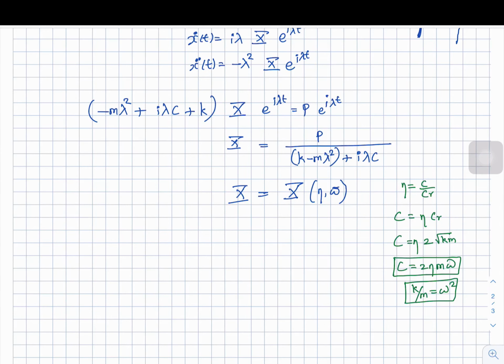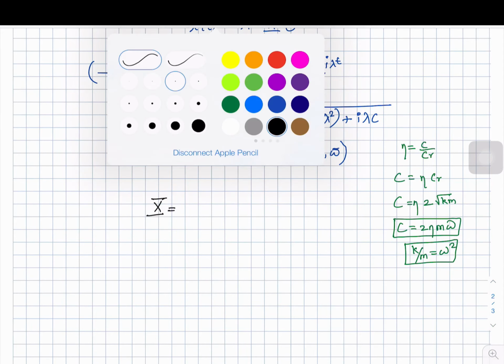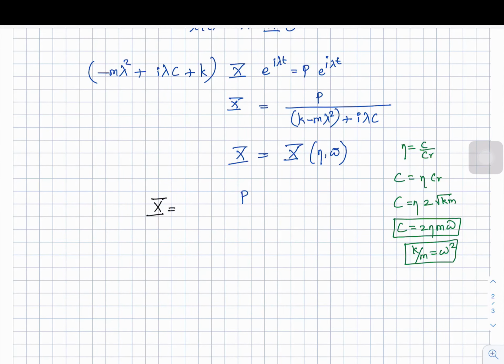Then we can convert the above equation into x equal to P divided by k, taking k outside, times 1 minus m by k lambda square plus i lambda c by k.